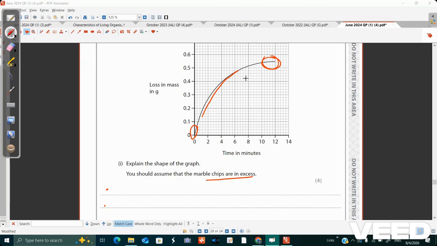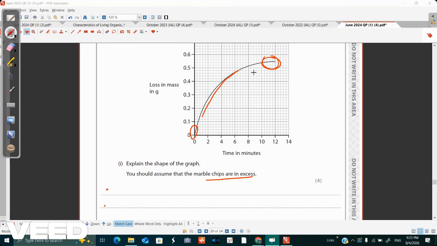And in between, the rate of reaction has decreased. Why? The concentration of the reactants is decreasing. When there is more concentration of the reactants, they are bumping onto each other, so the reaction is happening faster. When the concentration of the reactants goes down, the collisions are lower, so therefore the rate of reaction is lower. That is why the reaction is decreasing gently.